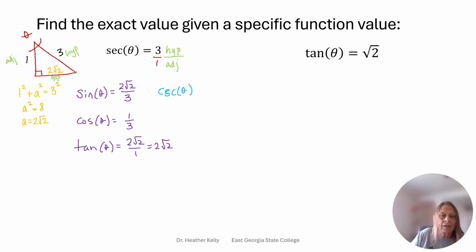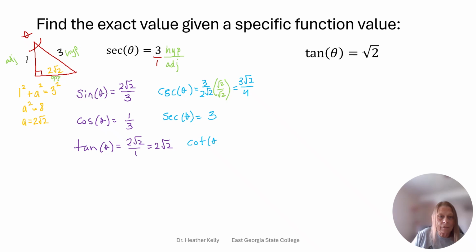Cosecant of theta is going to be 3 over 2 root 2. I have to multiply those by the root 2's. Gives us 3 root 2 over 4. Secant theta is just 3.